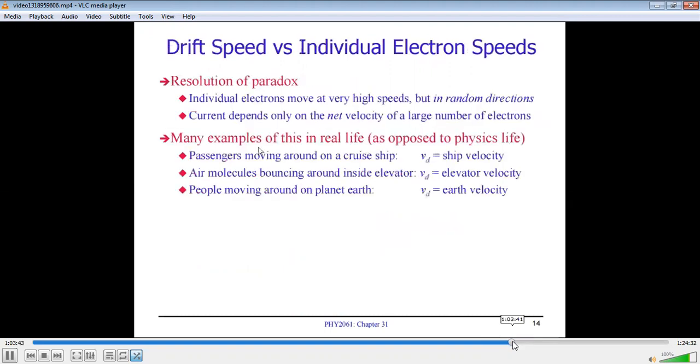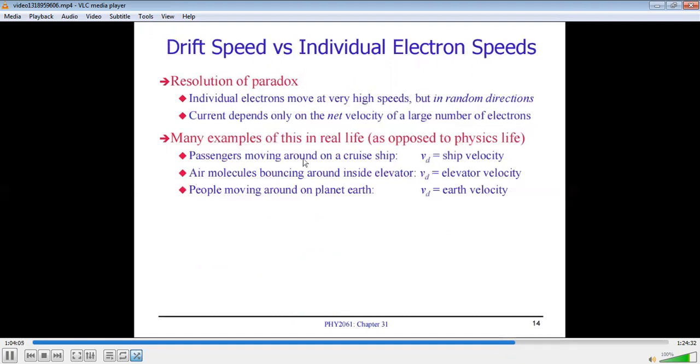Now drift velocity or speed versus individual electron speed. We can find individual electrons move at a very high speed, but in random directions. Current depends on the net velocity of a large number of electrons. There are many examples of this in real life, as opposed to physics life actually.